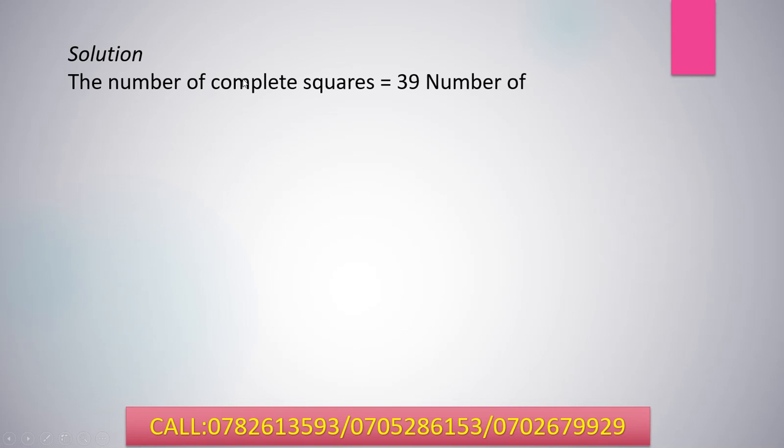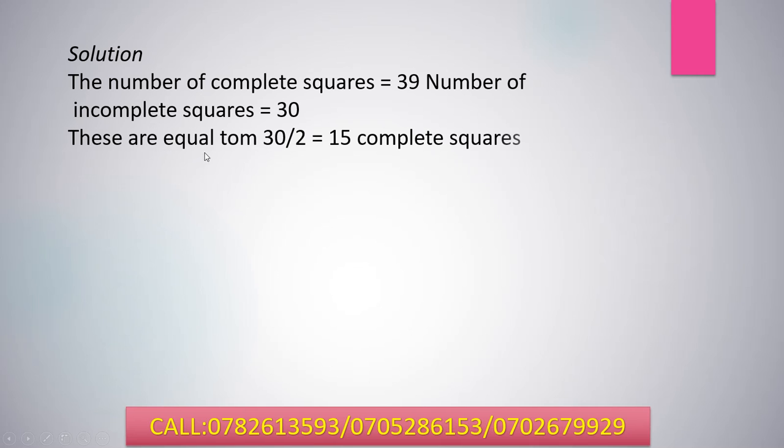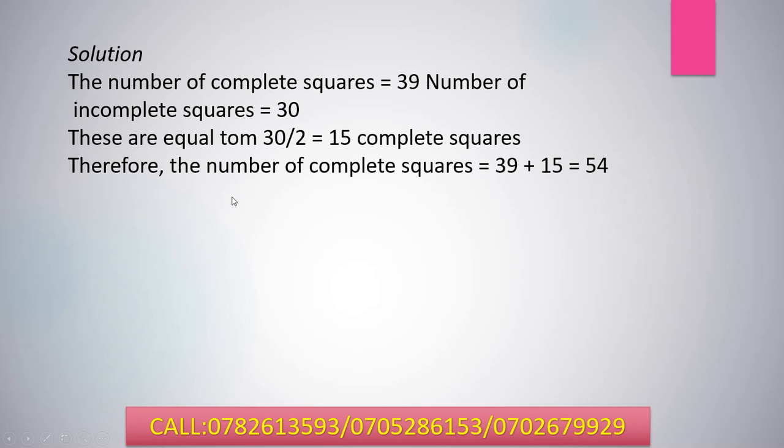So in our solution we need to get the number of complete squares and the number of incomplete squares, and we shall divide the number of incomplete squares by 2 and add it to the number of complete squares.